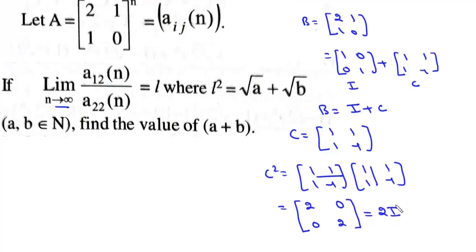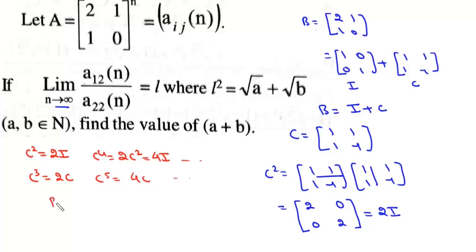So once we have this expression, we know that C square will be equal to 2I. And if we multiply it with C, we'll get C cube as 2C. Now we multiply it again with C, we'll get C to the power 4 as 2C square, and 2C square is 2I, so there'll be 4I. C to the power 5 will be again 4C, and this sequence will continue like that.